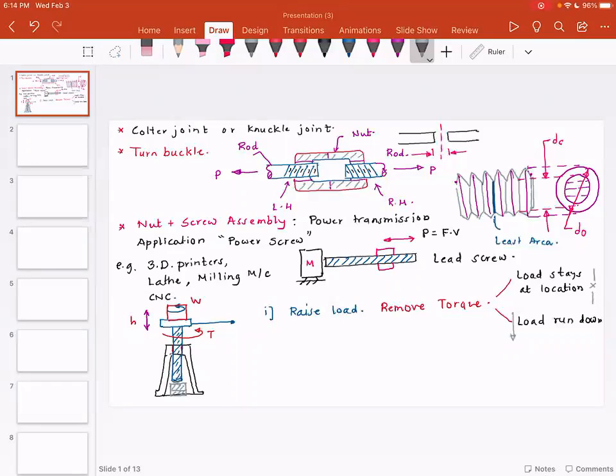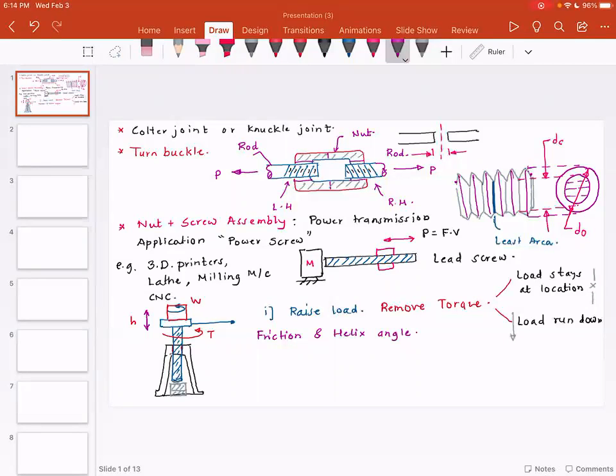And the single important reason here is the relationship between the friction and the helix angle. Now the power screw theory is dependent on the angle of friction and the angle of helix.